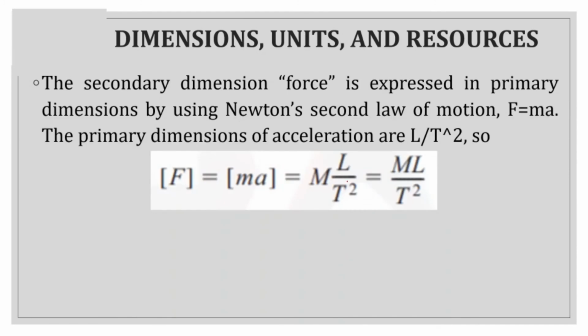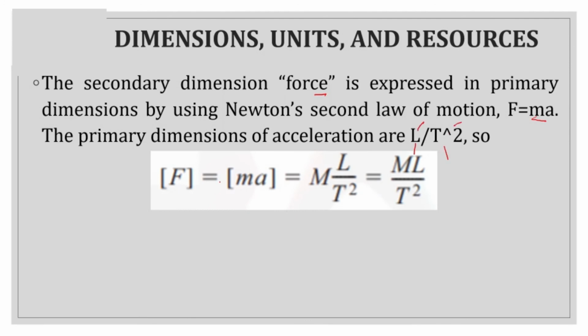For secondary dimensions, a common example is force, which is expressed in primary dimensions using Newton's second law of motion, F equals mass times acceleration. The primary dimensions of acceleration are L over T squared, meaning length over time squared.